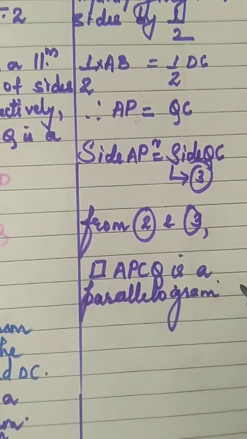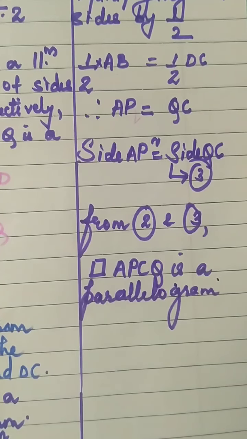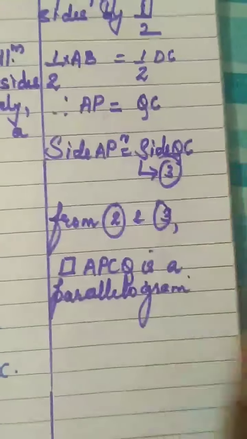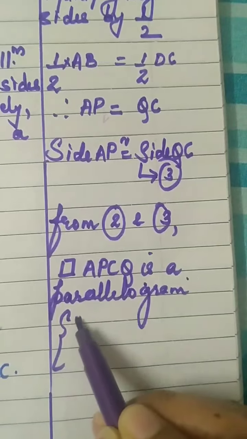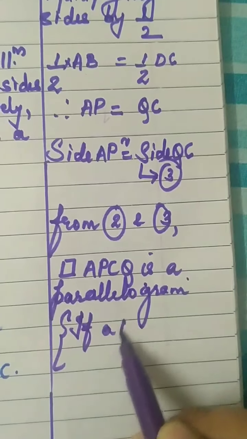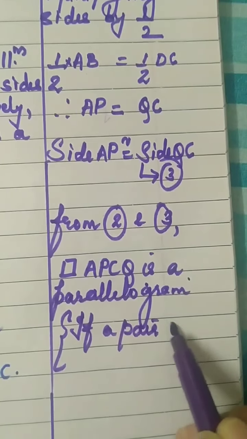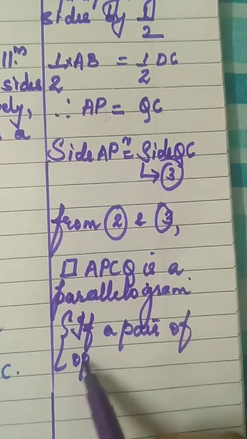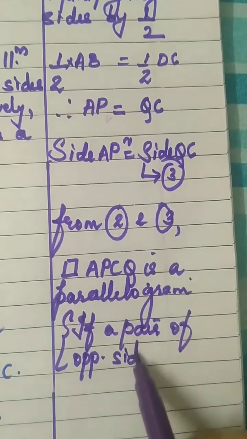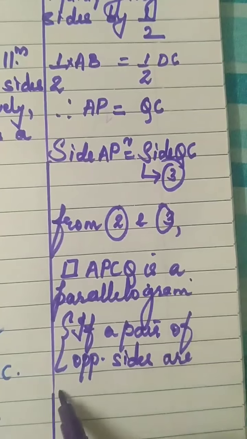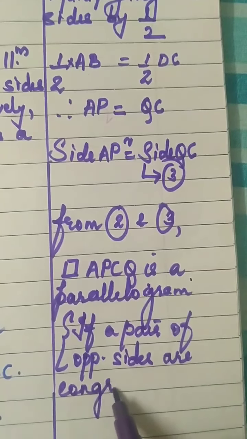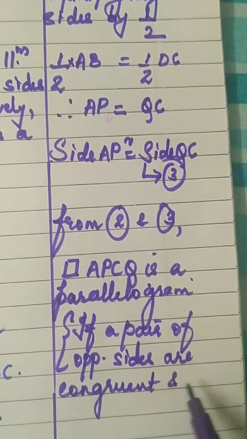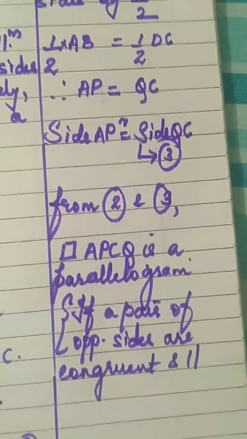Now this we were able to write by the test of parallelogram. Which test? Write the reason. If a pair of opposite sides are congruent and parallel, use the symbol.